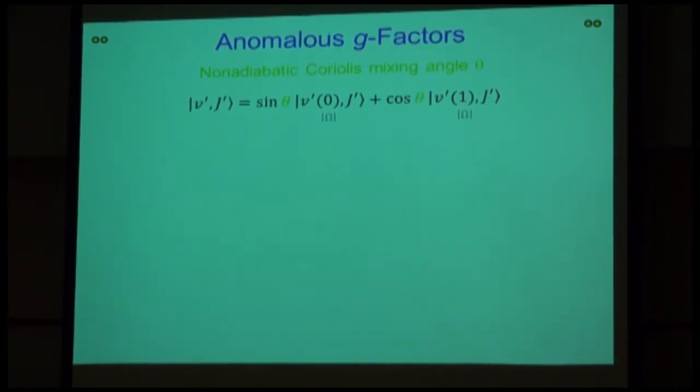We can parameterize this mixing between the two potentials by some angle theta, this Coriolis mixing angle. So we can write each vibrational and rotational level near the asymptote as the sum of sine theta times the level with omega of 0, and cosine theta times the state with omega of 1.